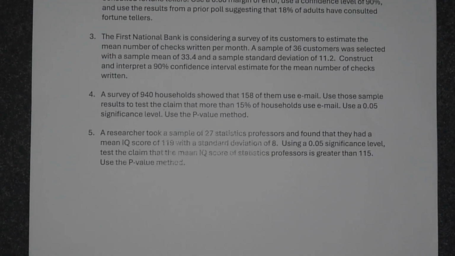Use those sample results to test the claim that more than 15% of households use email. Use a 0.05 significance level. And of course, you're going to use the p-value method, which is the only thing that I talked about here.